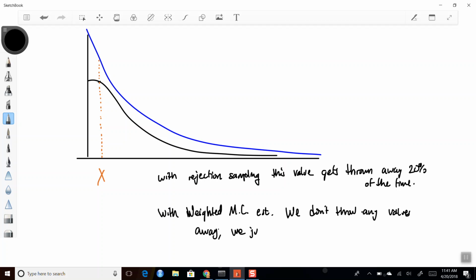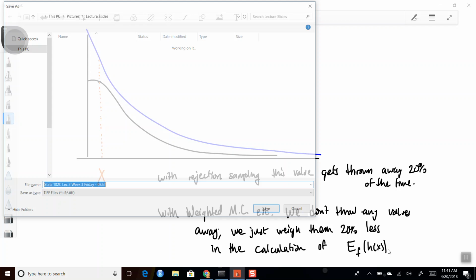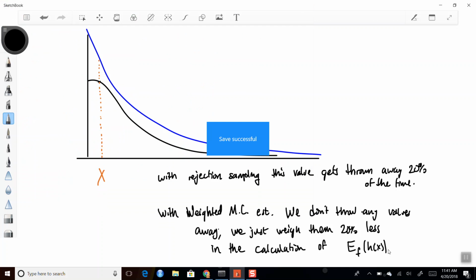We just weigh them 20% less in the calculation of the expected thing. All right, is that okay?